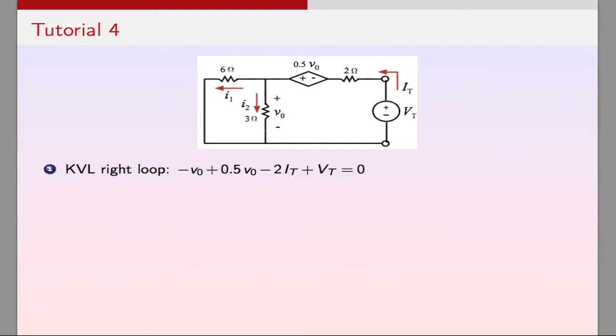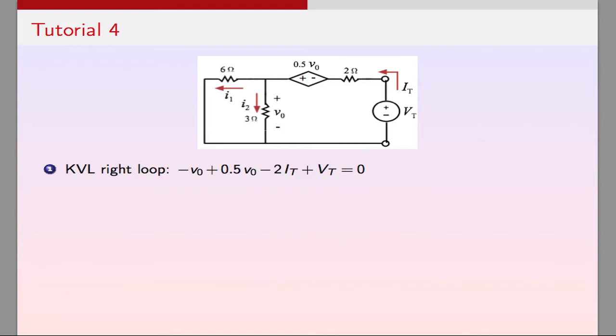And since it is in the opposite direction, then according to the passive sign convention, we need to add a negative sign. Now this equation has VT and IT, but to find the ratio we need to express V0 in terms of either VT or IT.